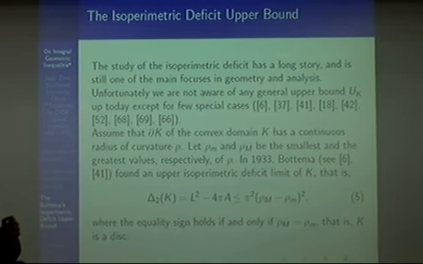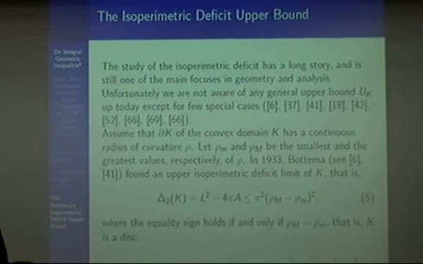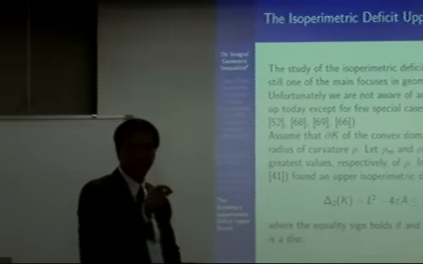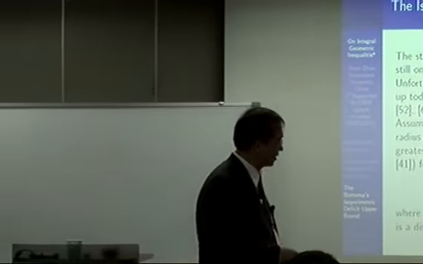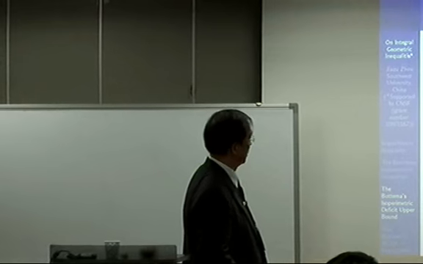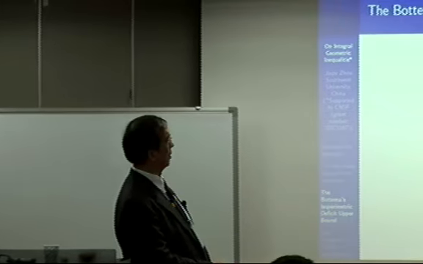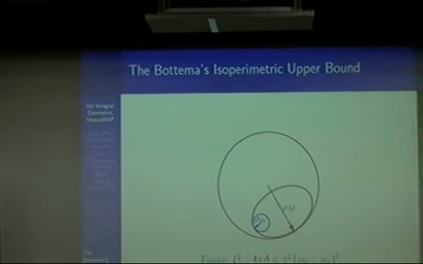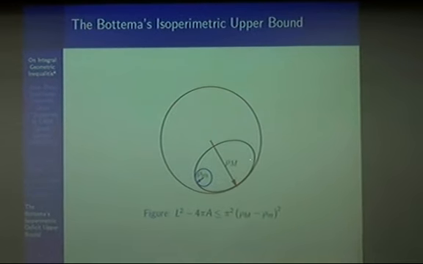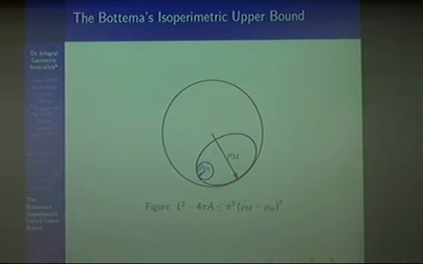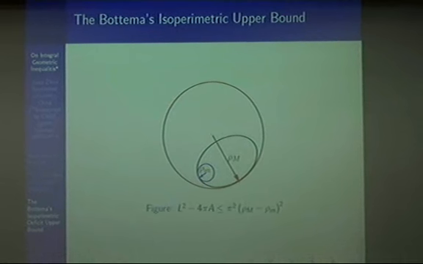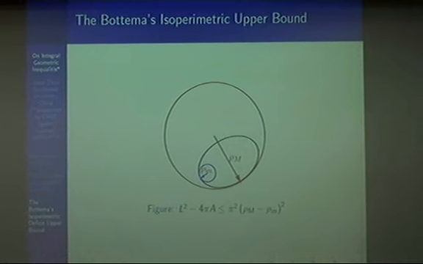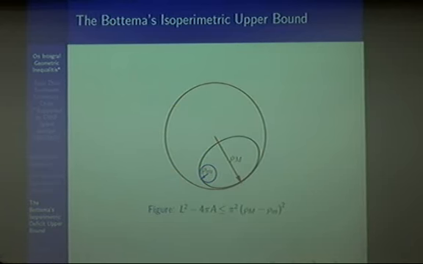That means there cannot be any line segment on the boundary. So this is not just convex but strictly convex, like this one. This is the K. This is the radius of curvature, the smallest one. This is the biggest one, the largest one.